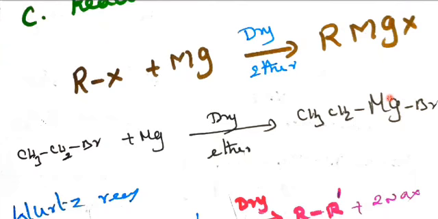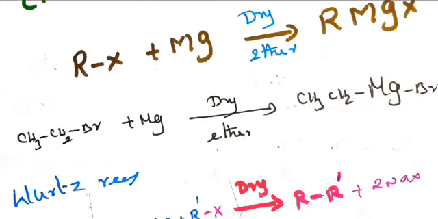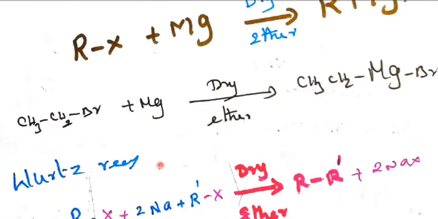Only when one magnesium is attached with the alkyl group and halogen group is it called a Grignard reagent. So CH3CH2Br with Mg in the presence of dry ether forms CH3CH2MgBr.